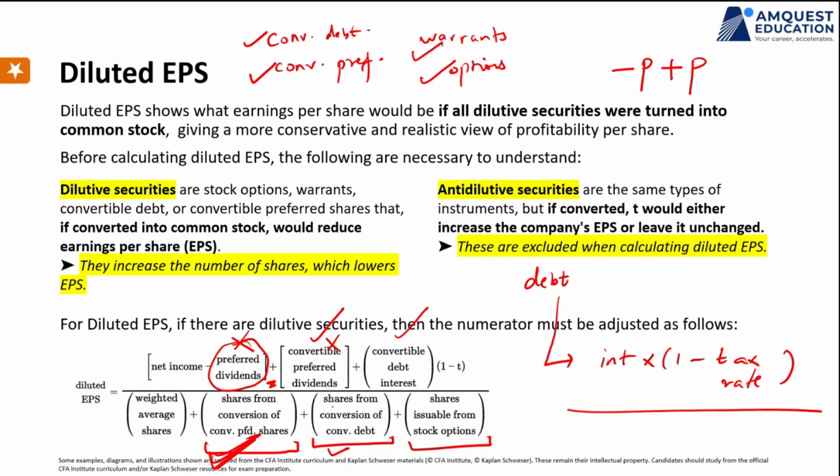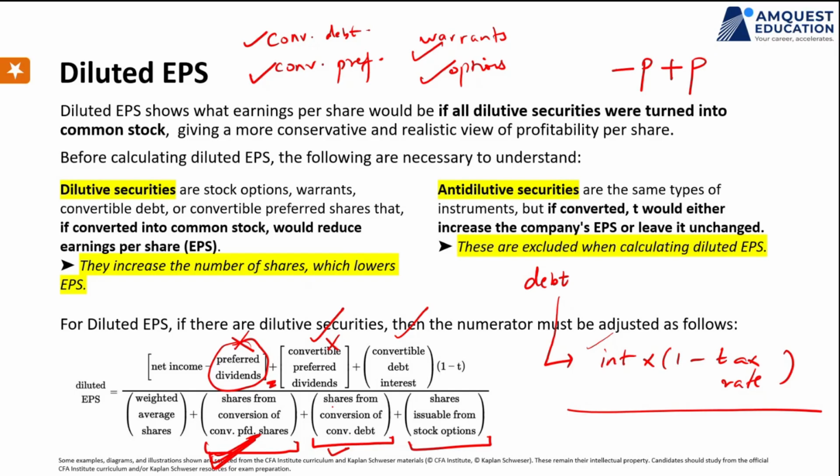In that case, I don't have to pay interest to you. So I will add the interest back, but I will not add full interest. I will only add the interest which is adjusted for taxes, because my net interest outflow is interest into 1 minus tax rate.